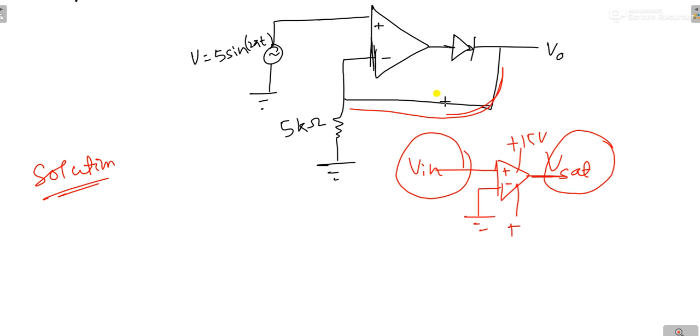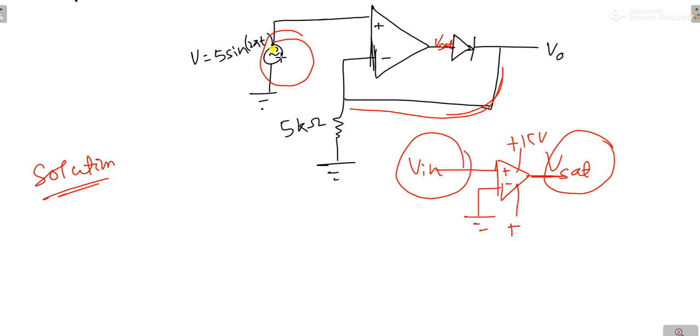If there is no feedback, then this voltage will be V saturation. Depending upon the polarity of the given input voltage, the V saturation will be positive or negative. If the input voltage is applied to the non-inverting terminal and it is positive, then V saturation will be positive.